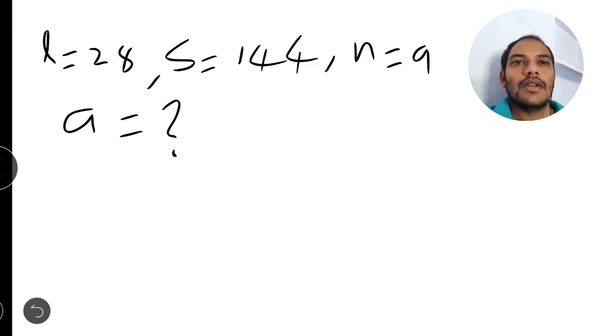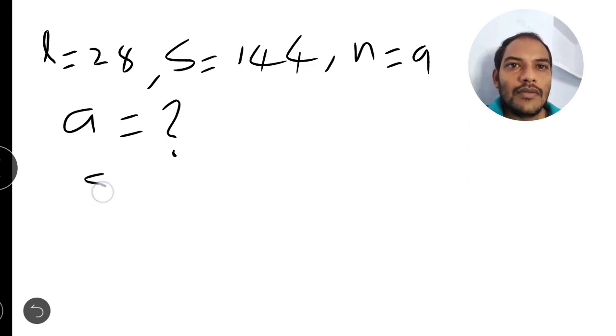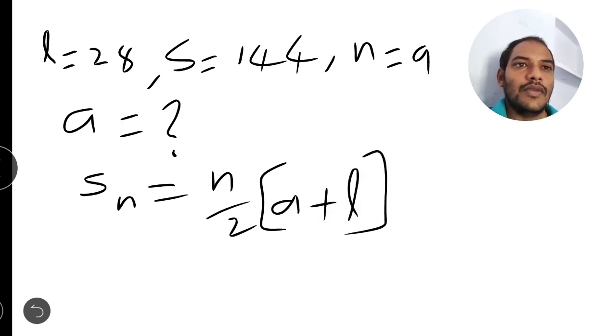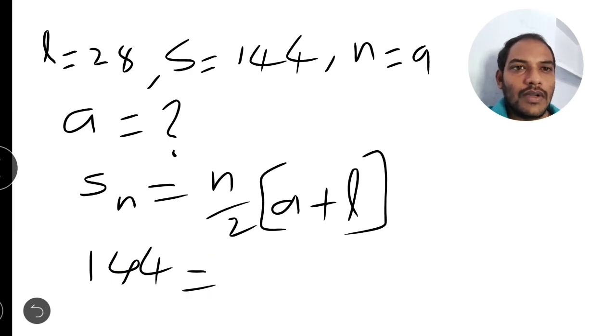So here to find out the A value, I am using the Sn formula. Sn equals n by 2 of A plus L, because your last term is given in the question. Sn is nothing but S. S value is 144. N value, the total number of terms, is 9, already given in the question.